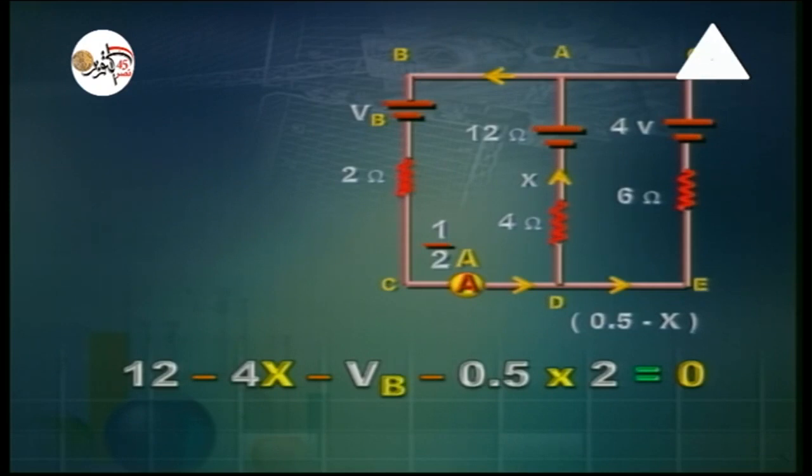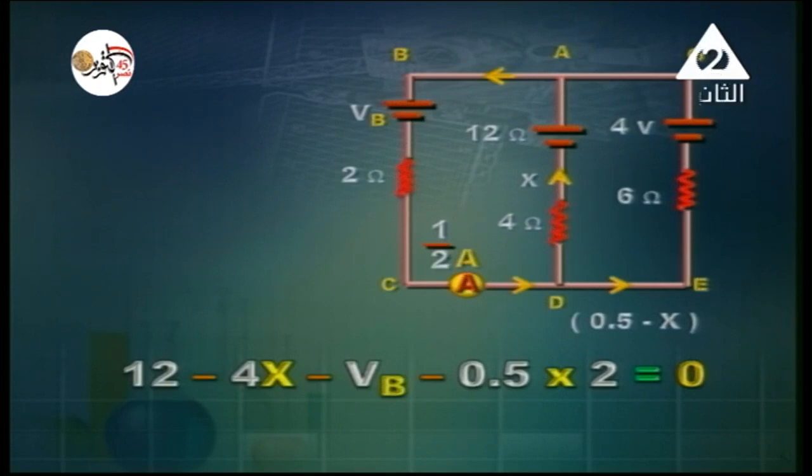And the portion that passes through the 6 ohm resistor must be, of course, half minus x, or 0.5 minus x. So the current entering at junction point D is half ampere. The current leaving at this point, a portion x passes through the 4 ohm resistor. The other portion, which is 0.5 minus x, passes through the 6 ohm resistor.